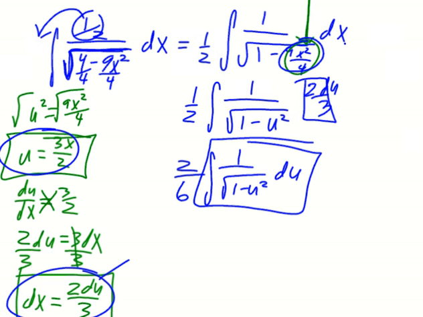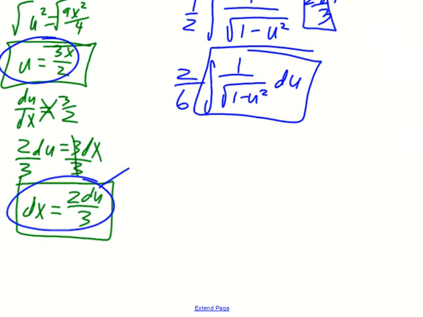And now this looks exactly like sine inverse. So the fraction will reduce to 1/3, and then this is just sine inverse of u plus my constant of integration. So u was 3x over 2.